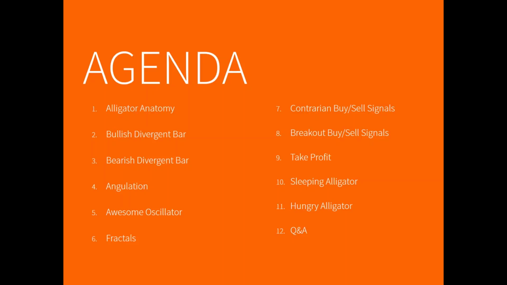And then I will show you the more reliable breakout buy and sell opportunities. And I will show you different ways how to take your profit. And then I will describe what happens when the alligator is sleeping and when the alligator is hungry. And that is going to be a lot of fun, of course, and very informative.